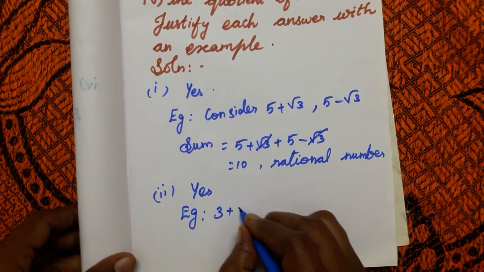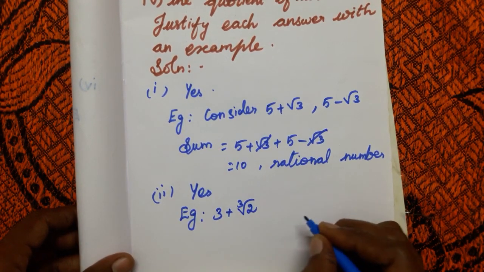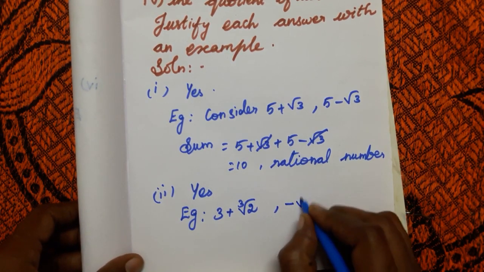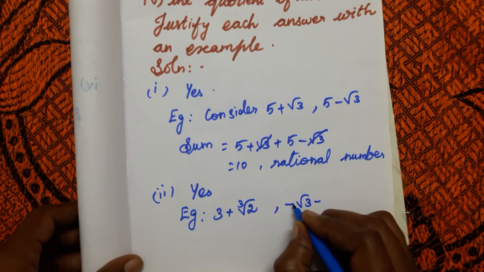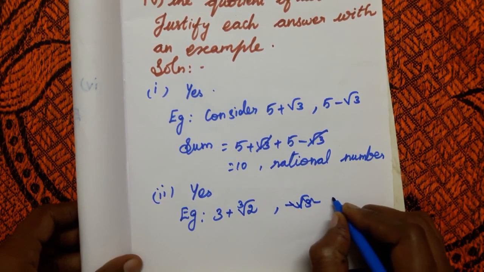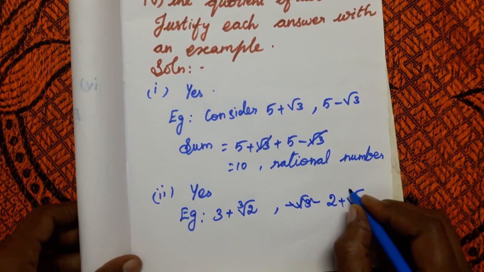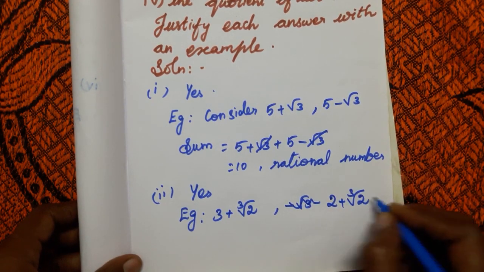3 plus cube root of 2, comma, minus 2 plus cube root of 2.